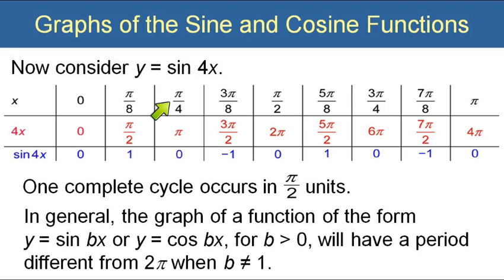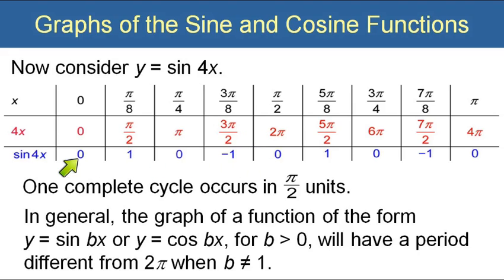Pi over 4 times 4 is pi, and so on. Just multiply every angle by 4. You can see that the sine of 0 is 0, the sine of pi over 2 is 1, the sine of pi is 0, and then when our 4x angle is 2 pi, we're back to the beginning.